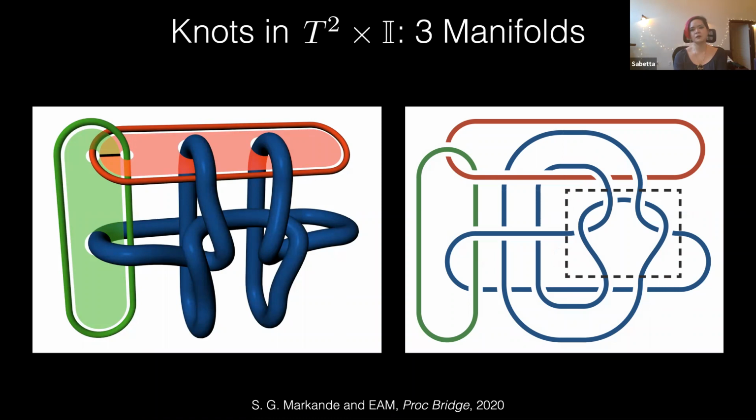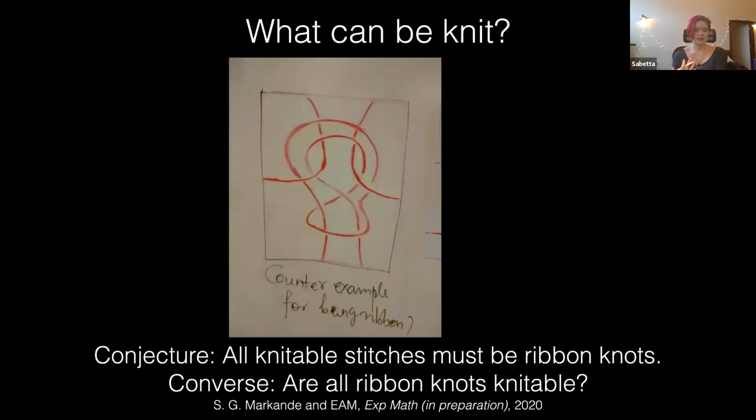So we want to know what we can put inside this dotted line. So this is what Shashank has worked on. He had noticed that all of the knit stitches he had studied have this property that they're so-called ribbon.